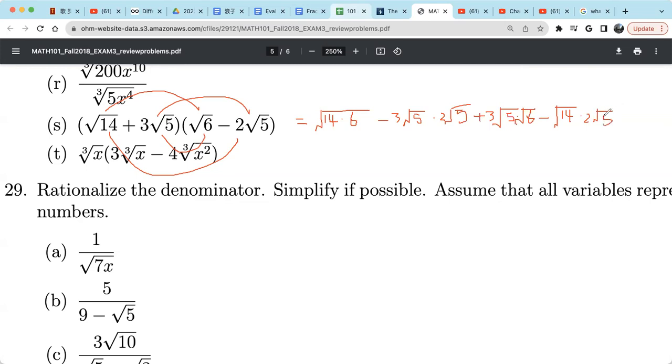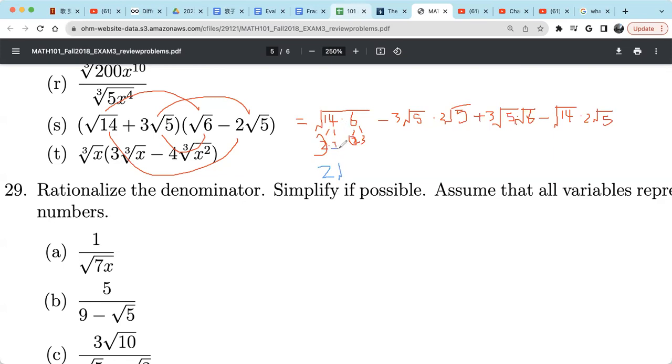So now let's simplify it. 6 is 2 times 3. 14 is 2 times 7. So we see 2, we have 2 squared. 2 square root becomes 2. Right? Then what's left?